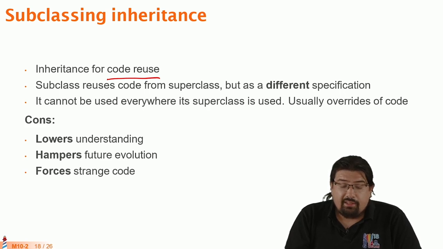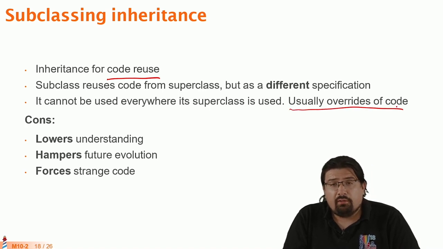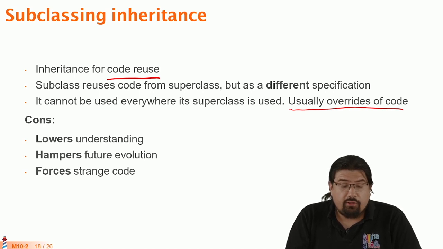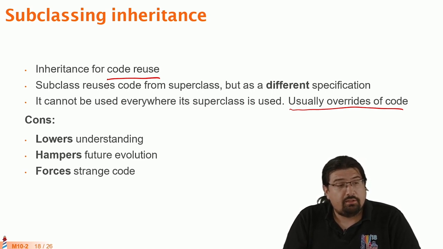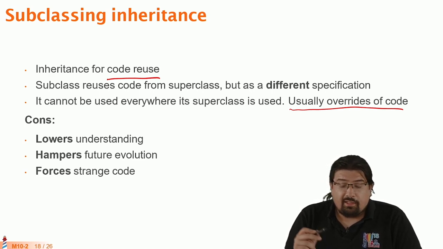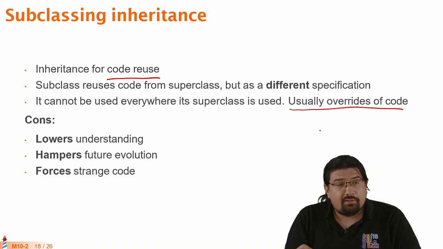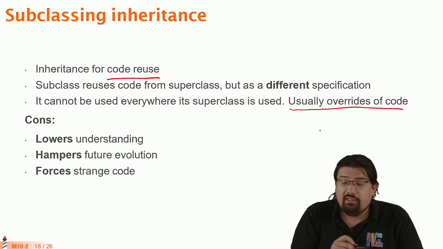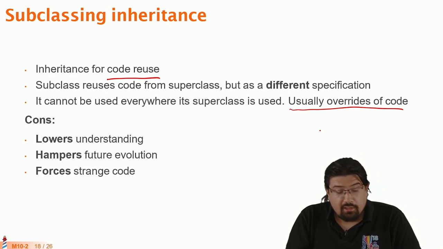The idea is that we can override part of the code, but we are not going to replace all the implementations. And also remember that the normal case is that a subclass can be used as a replacement of the superclass, but this is not always true. It depends on what changed in the subclass.